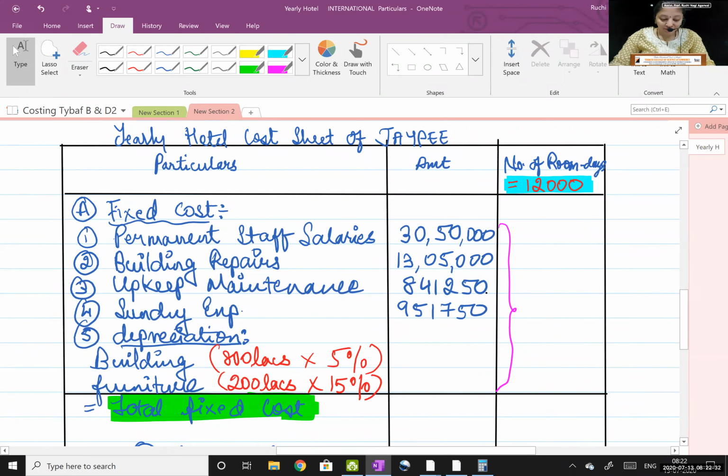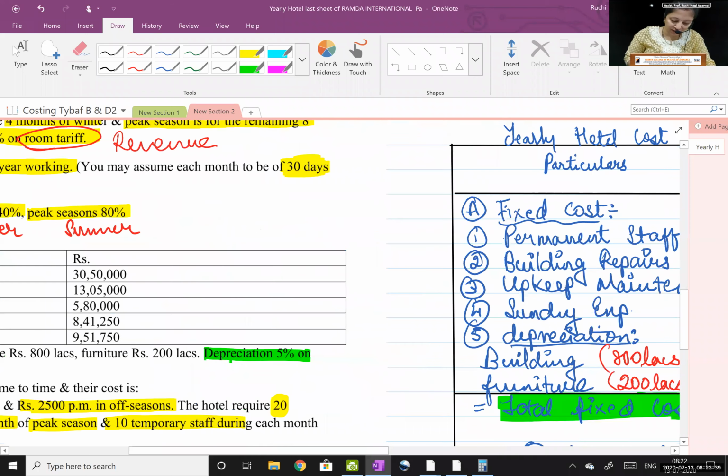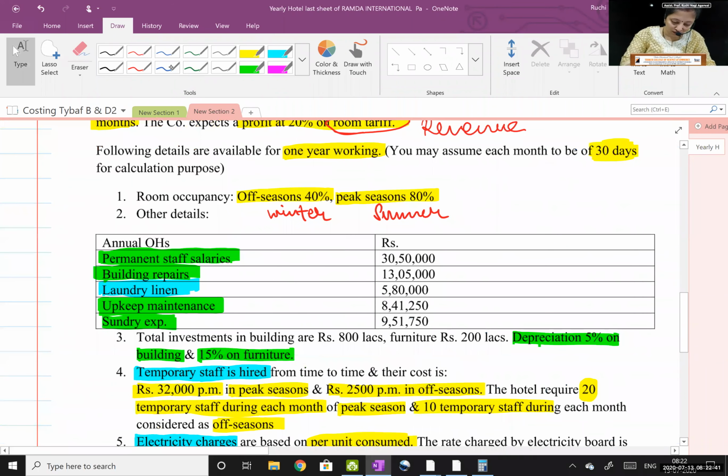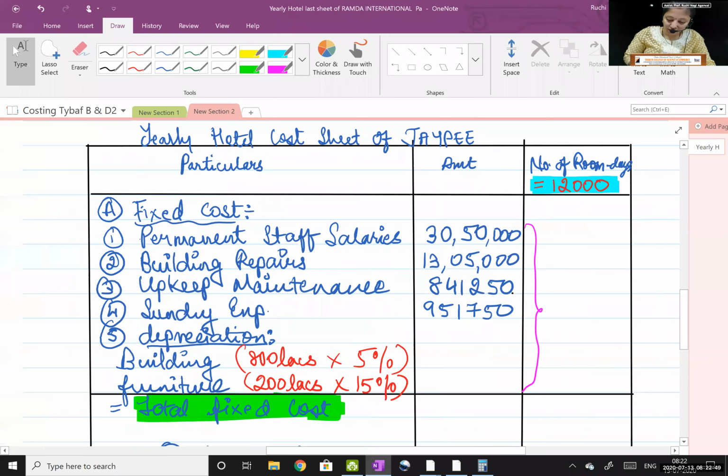Start with fixed cost. So 1, 2, 3, 4, 5 items are there in fixed cost. We can verify also. See. 1, 2, 3, 4, and this depreciation. So write it down. Permanent staff salary is 30 lakhs 50,000.